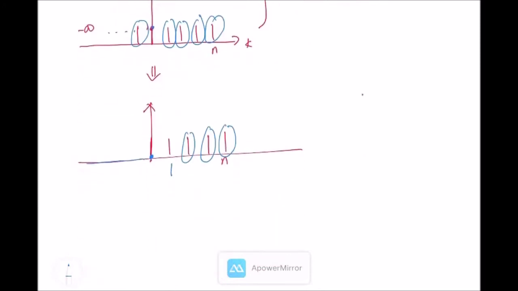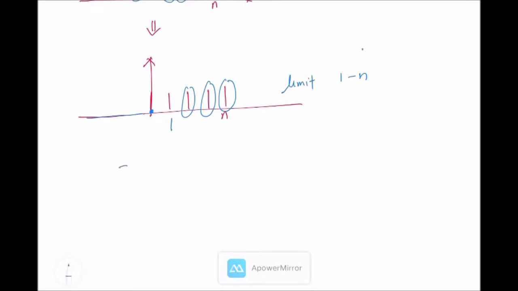So the limits is from 1 to n. Now you know the limits. So let's continue. Instead of summation from minus infinity to infinity, now you can say that it's from 1 to n.